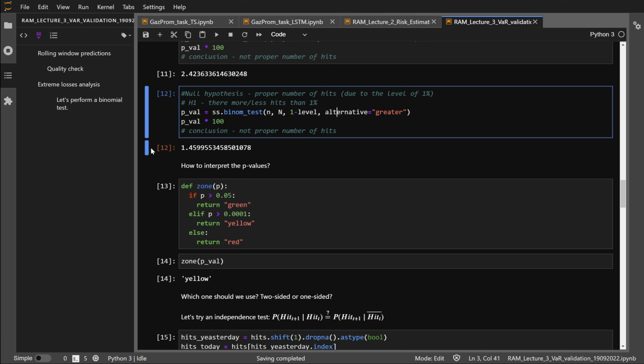That's why I would probably ask for the two-sided alternative hypothesis.